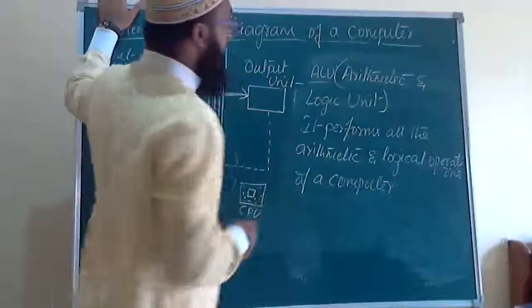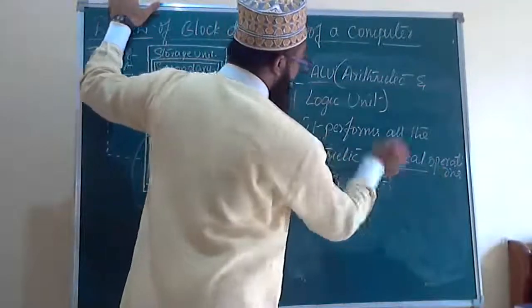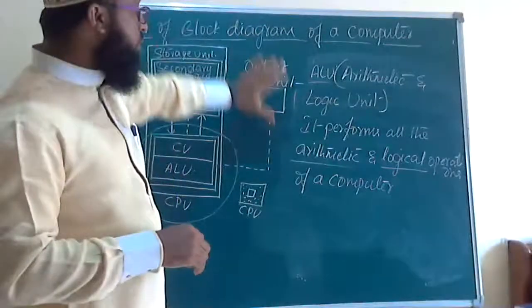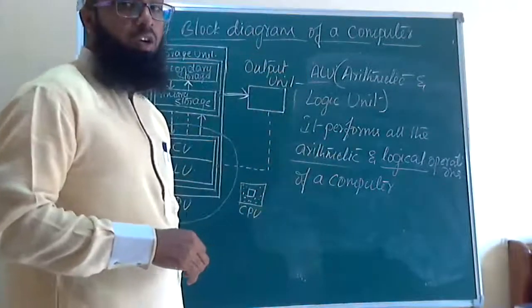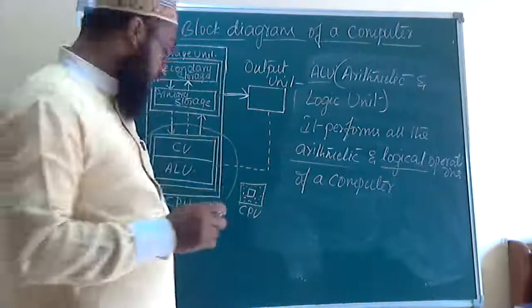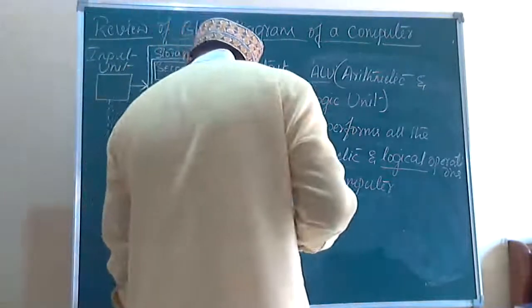Arithmetic operations and logical operations of a computer, this is the work of the arithmetic and logic unit. Next we shall see what is CU, the control unit.